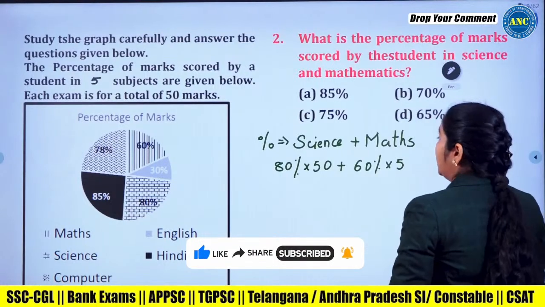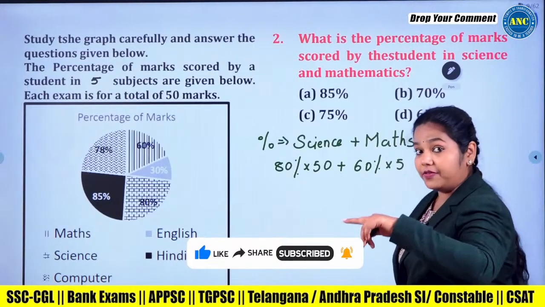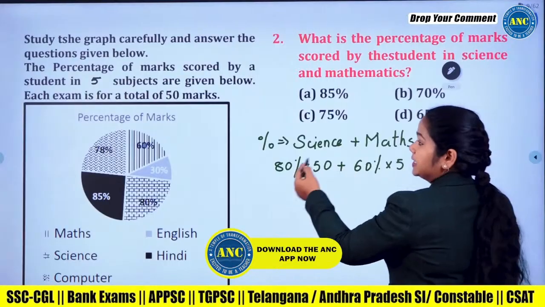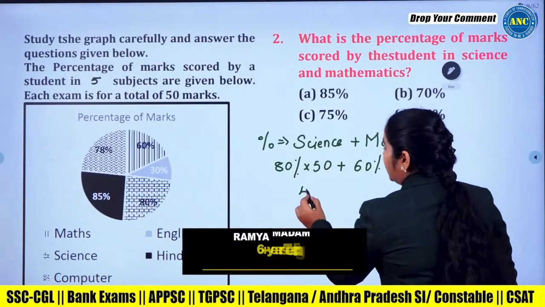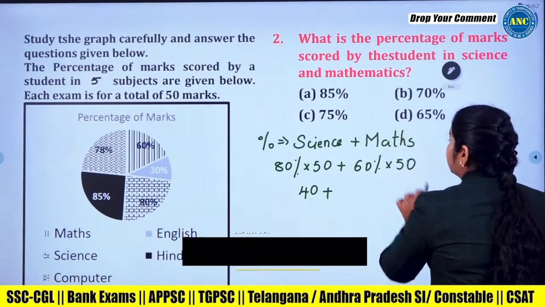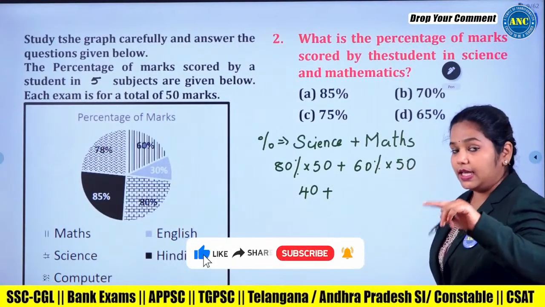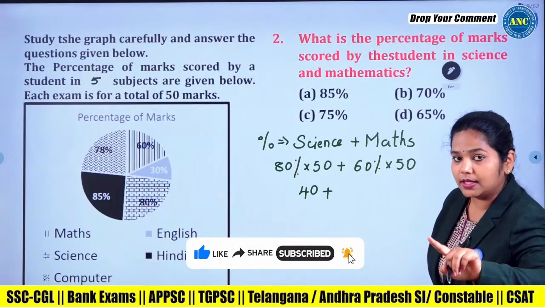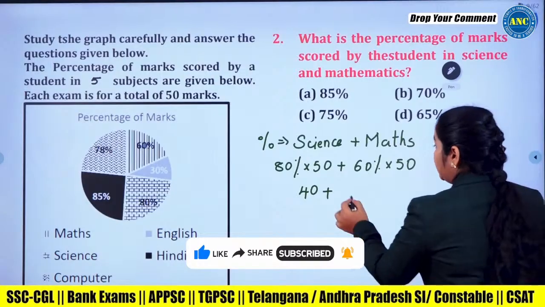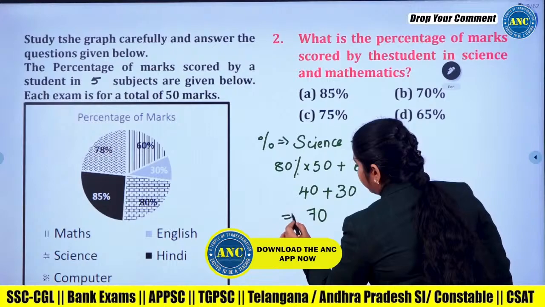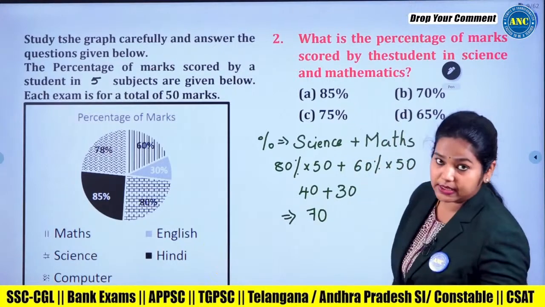Take this value, 80% of 50, as we have done in the previous question. 80% of 100 is 80, then 80% of 50 is 40. Plus 60% of 100 is 60. Then 60% of 50 is half of 60. Half of 60 is 30. Yes, we get 70. And this will be 70%.